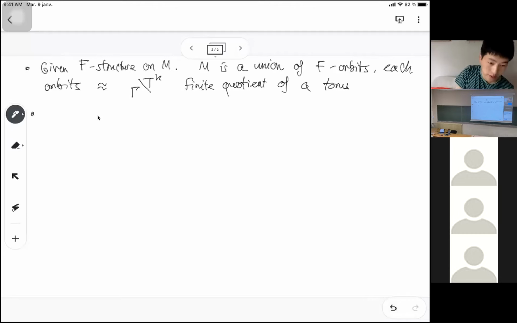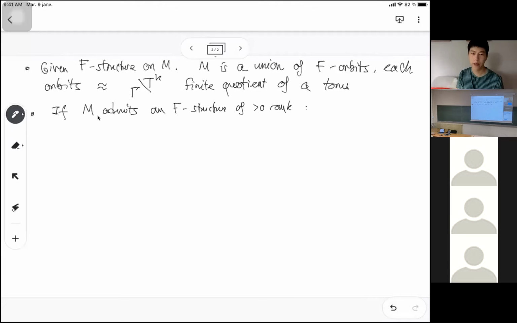Let's see, another comment is that having an F structure definitely puts some topological constraint on your manifold. In fact, if M admits an F structure of positive rank, then the Euler characteristic of M is going to be 0. And that's because an F structure is just a generalization of, say, a torus action.